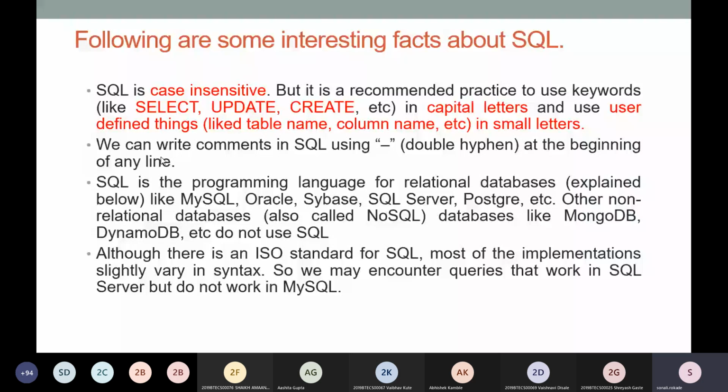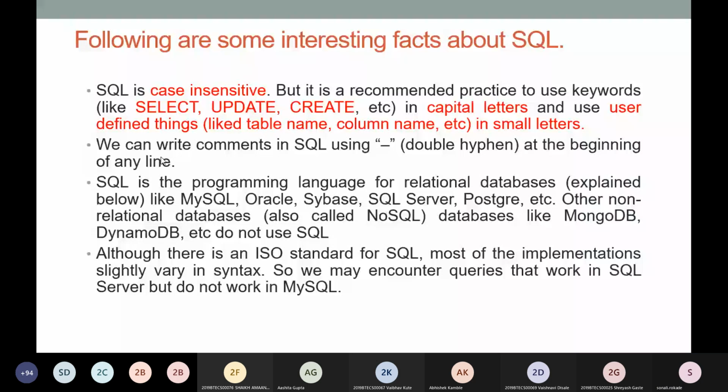Yesterday I also told you that we are not moving on with case sensitivity, but you have to practice with these capital letters, because some of the databases work on the case sensitivity property. So though it is not case sensitive, you have to practice.